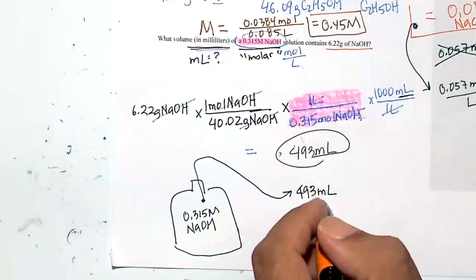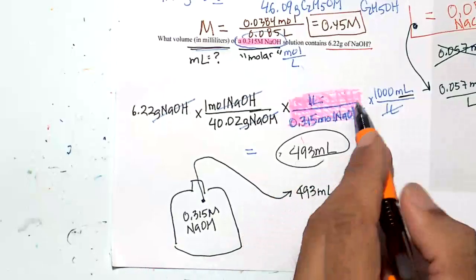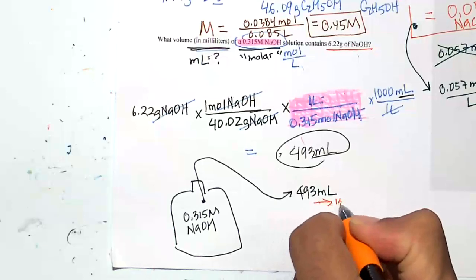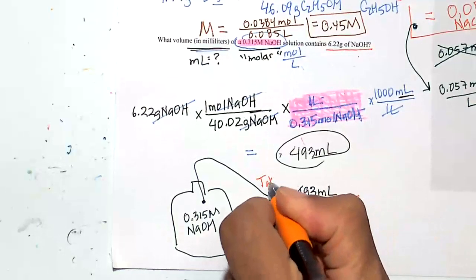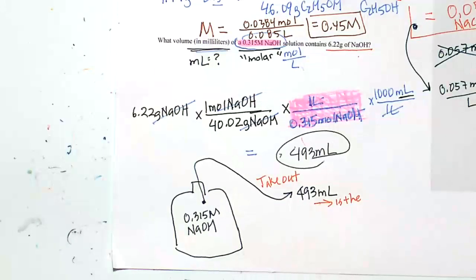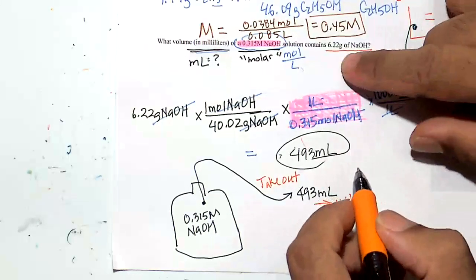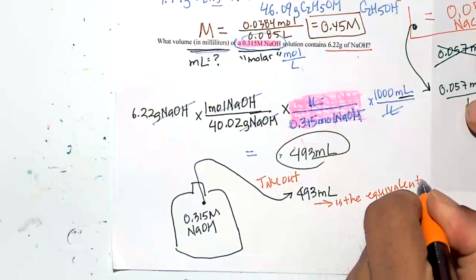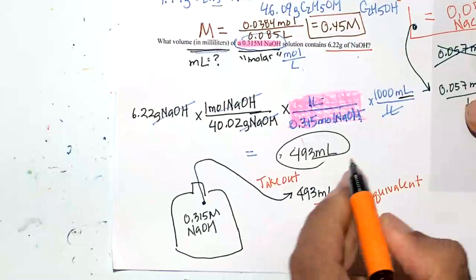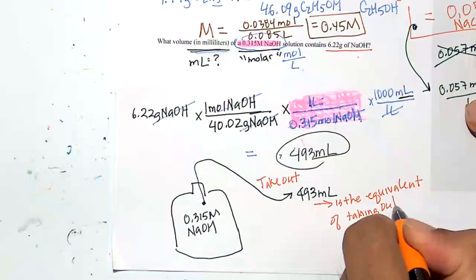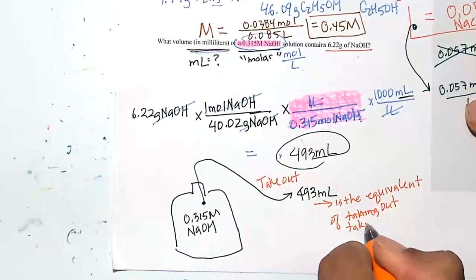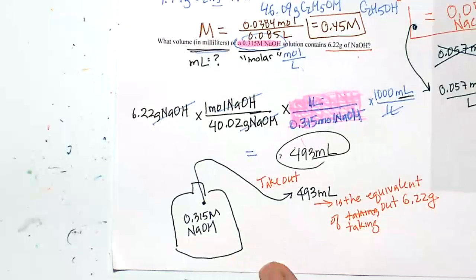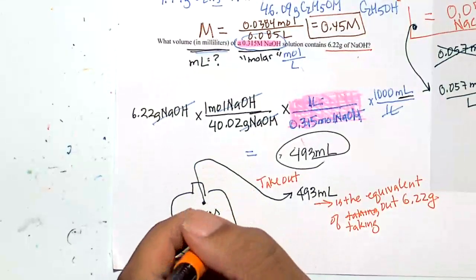Taking out 493 mLs is the equivalent of taking out 6.22 grams. So that's what this means.